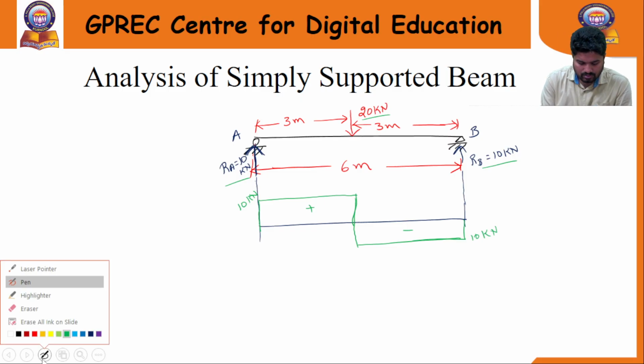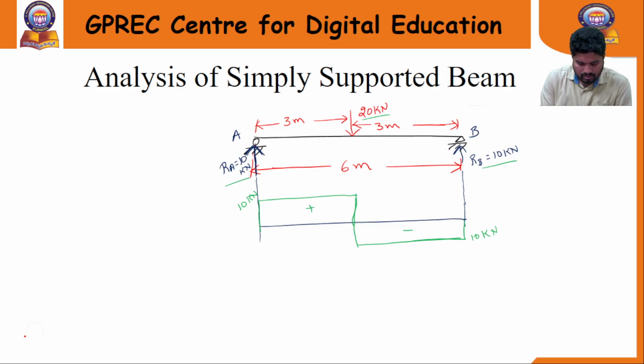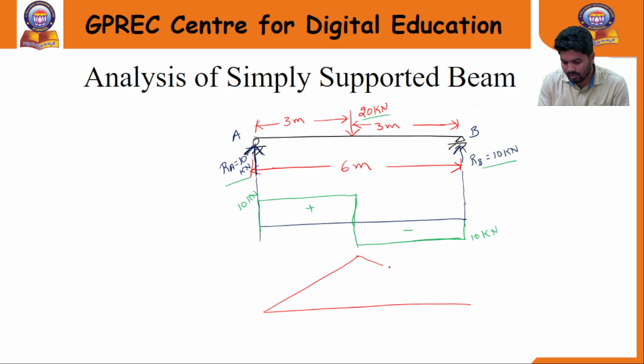Now I am trying to draw the bending moment diagram. This bending moment diagram will be triangular, and at the center we will get the maximum bending moment, that is 30 kilonewton meter.